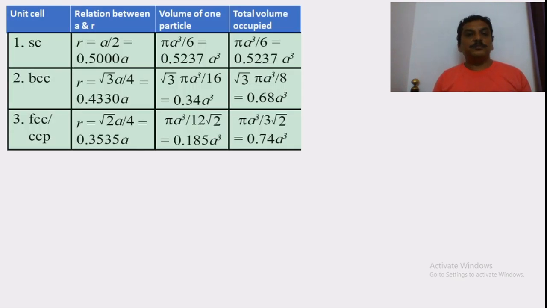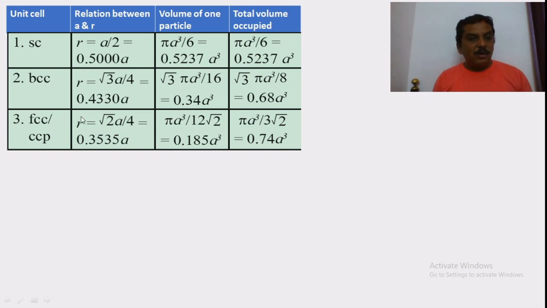In tabular form, if we see the relationship between a and r, in the simple cubic unit cell, r is equal to a by 2, that is 0.5a, and in case of BCC, r is equal to √3a by 4, that is 0.433a. And in case of FCC, r is equal to √2a by 4, that is 0.3535a. Or we can write a upon 2√2, r is equal to 0.3535a.